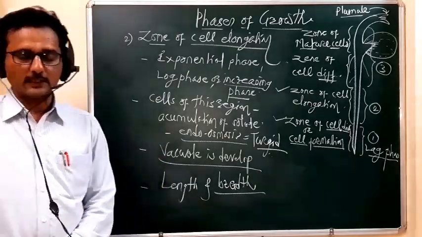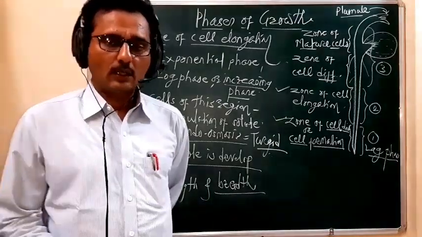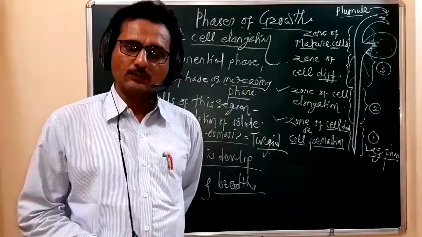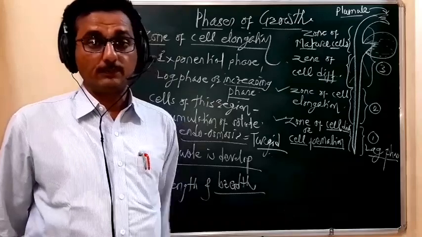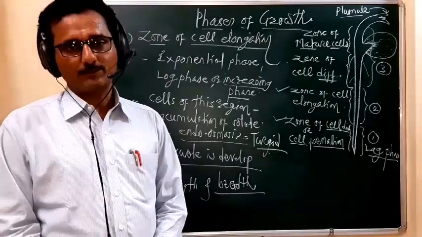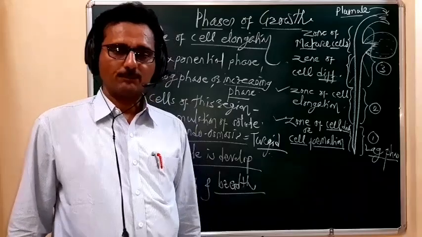And one more thing: in the previous zone, we saw that the cells are purely meristematic. I mean, they show a very thin cell wall.